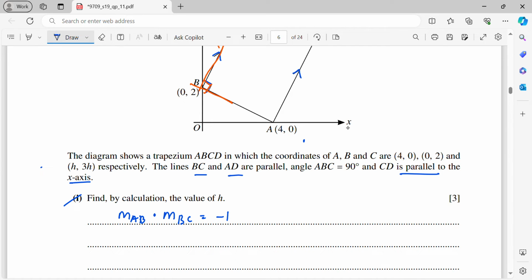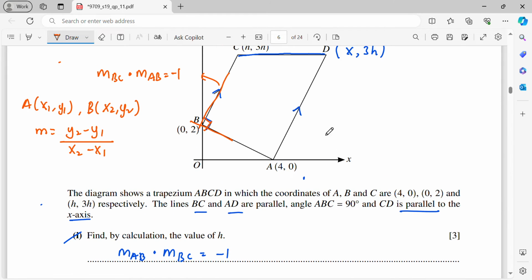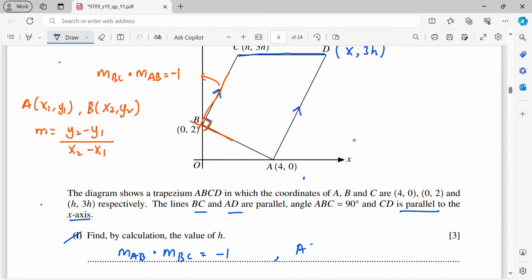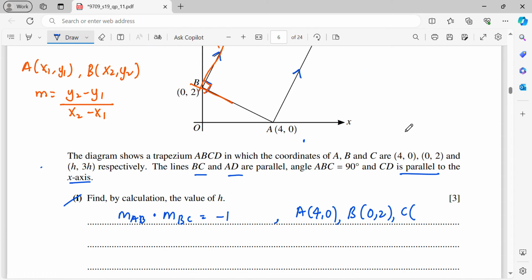So for your information, if you are given 2 points, A is x1, y1, then the B is with coordinates x2, y2, the gradient is basically the difference of the y divided by the difference of the x. So now my points, let me write down first. My A is 4, 0, B is 0, 2, C is h and 3h.